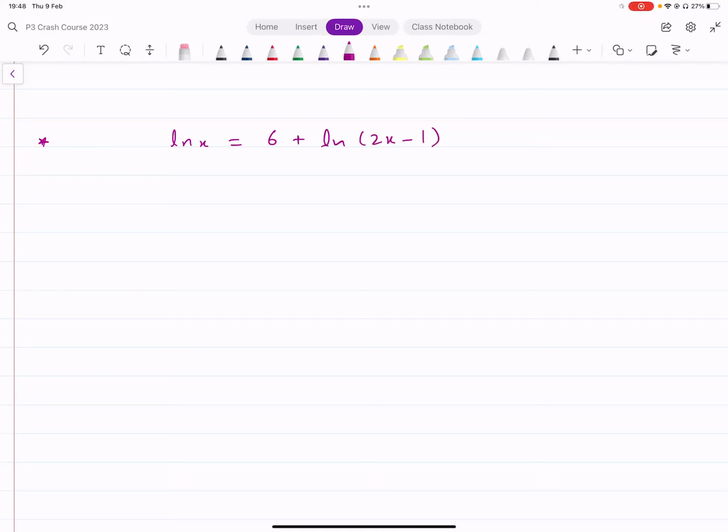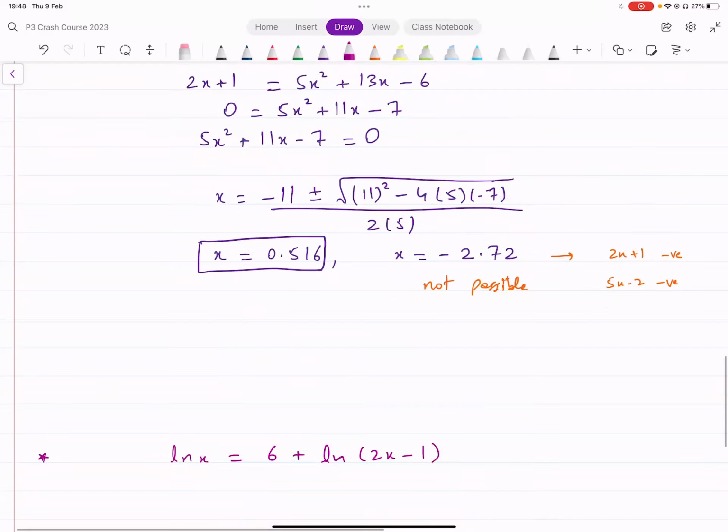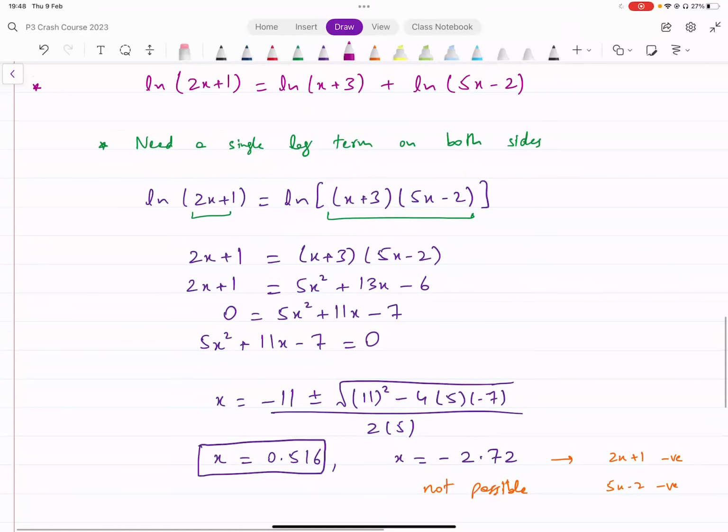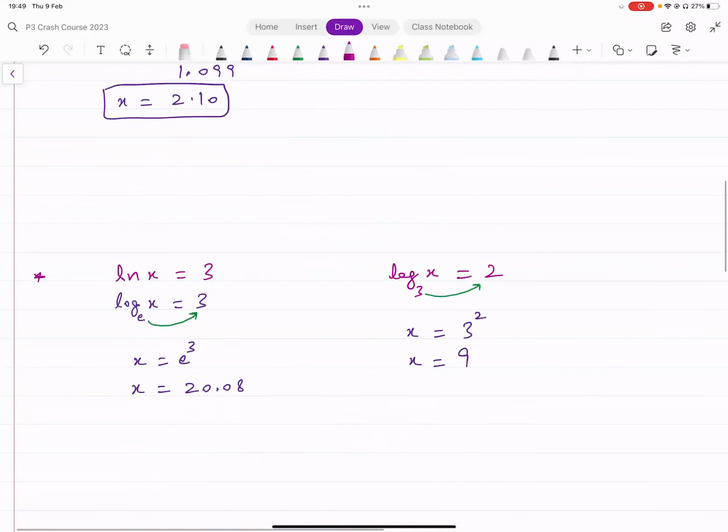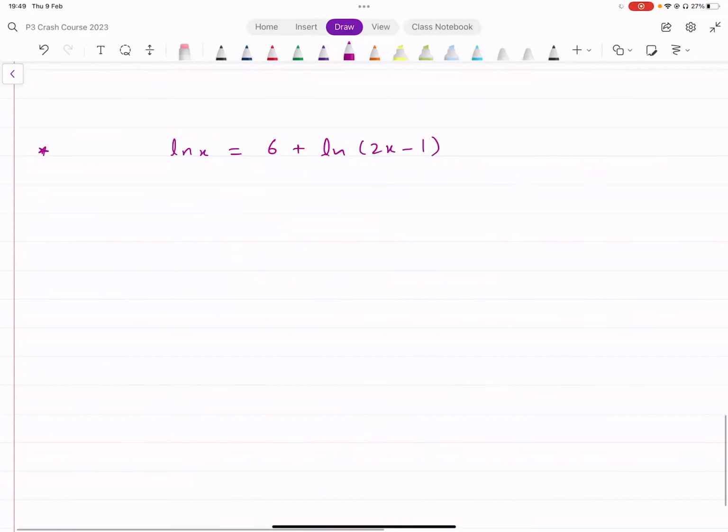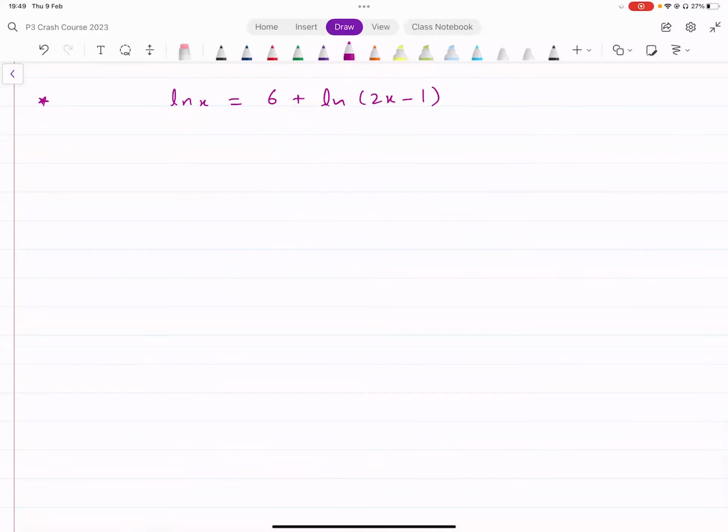We want to solve this equation now. In the previous equation, all the terms had log in them, right? Now in this one, there are some terms that have log in them, and then there's one term that is just a constant. How do you deal with a problem like this?